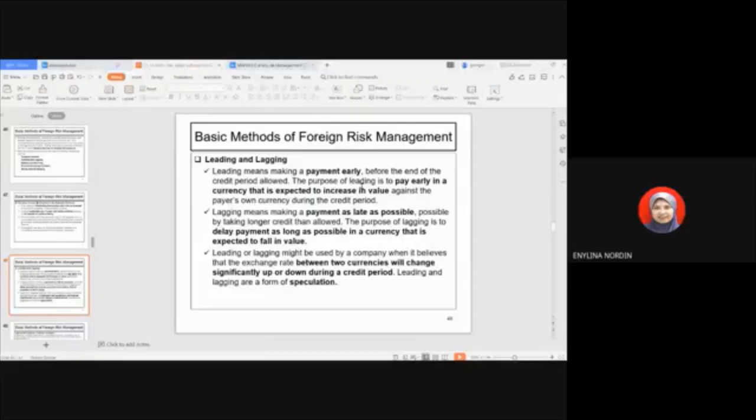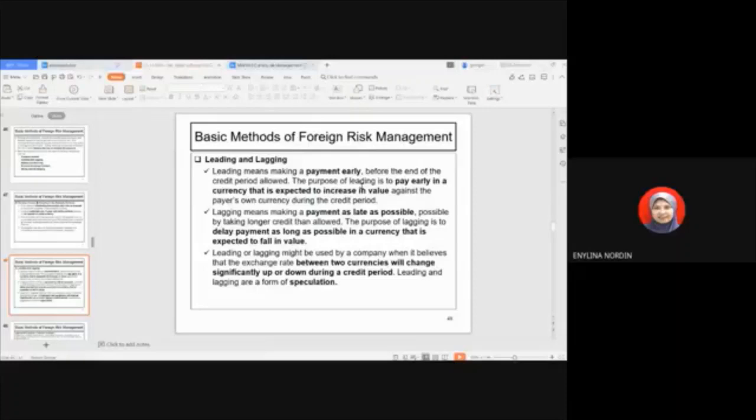You might convert RM to Singapore dollars earlier, maybe today or now. Why? Because if you wait until next month, you have to pay more ringgit Malaysia in order to get $1. In other words, the dollar becomes more expensive.